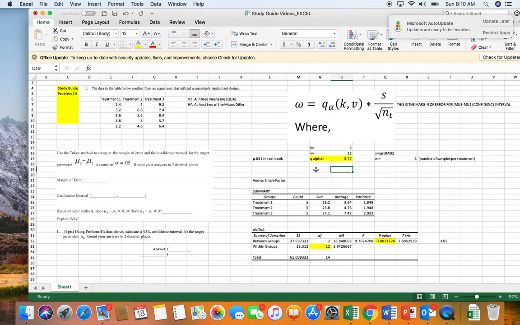So in order to calculate the margin of error, we're going to set Excel equal to 3.77 times S is the square root of MSE. So we're going to square root MSE, which is this right here.